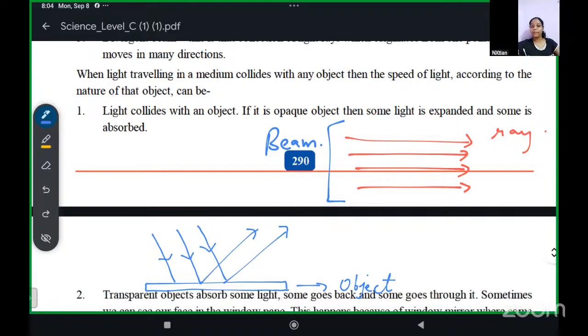Opaque objects: some light is reflected, some light is absorbed.